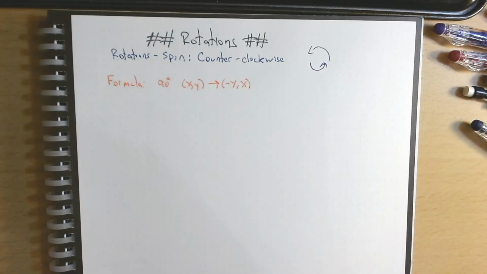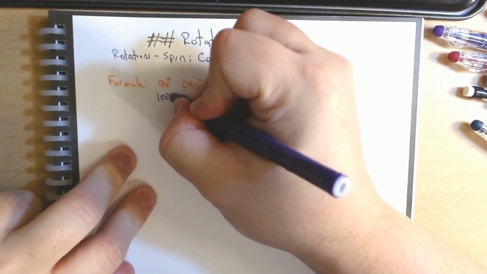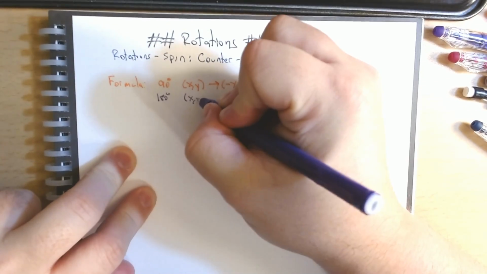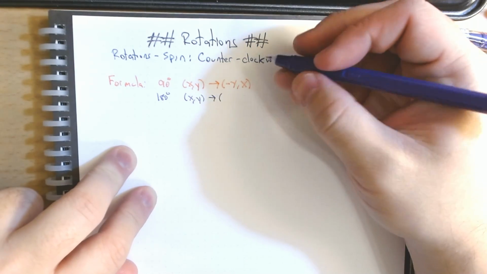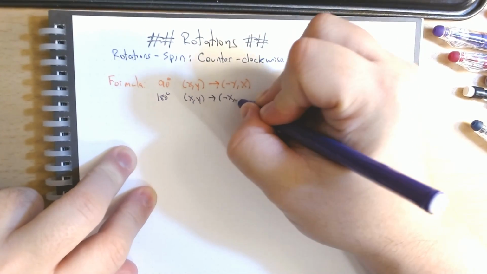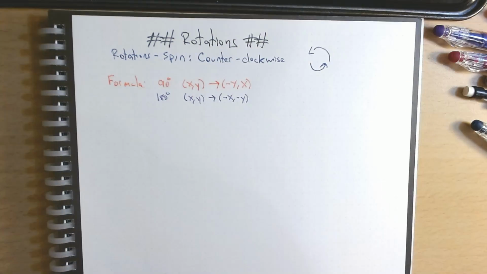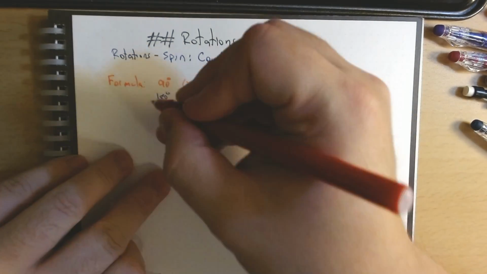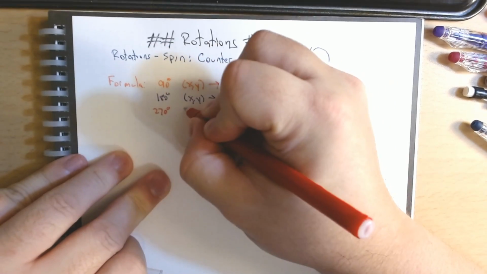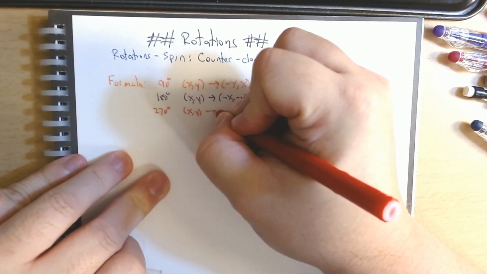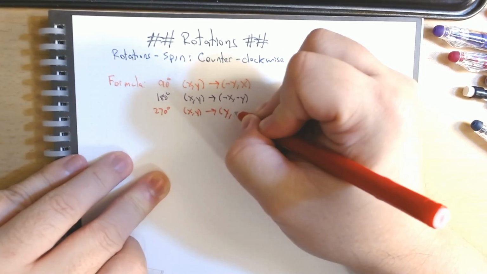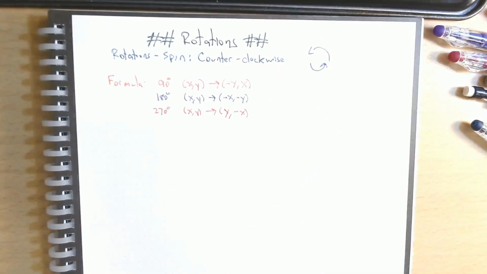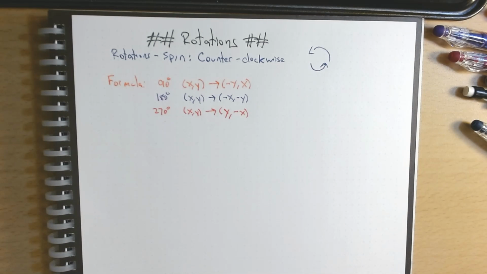If you're doing 180 degrees, x, y turns into negative x, negative y. Takes my brain a second to remember this sometimes. And then if you're doing 270 degrees, x, y turns into y, negative x.